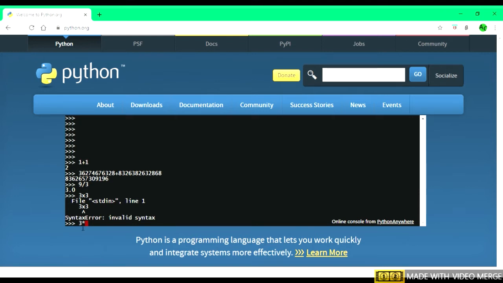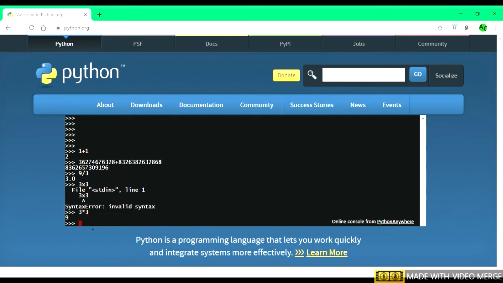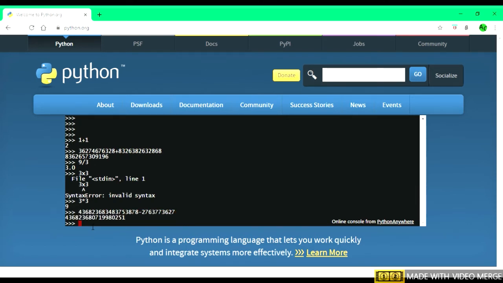So it's kind of like a flower. 3 times 3. Then it will give us 9. And if I do this, take away this, it gives us this. You can also do decimals. 0.1 add 8.9.